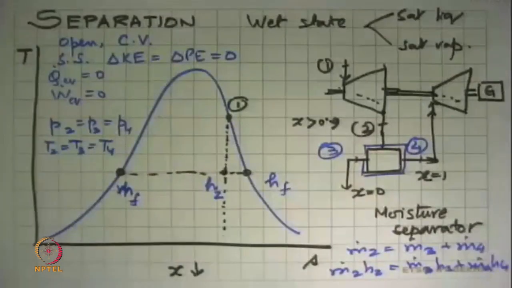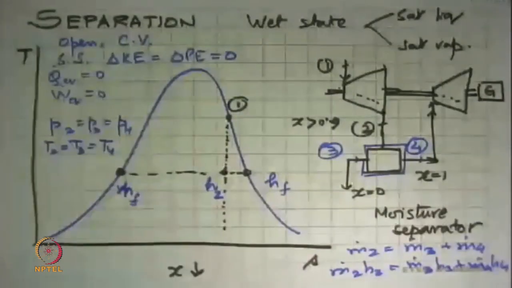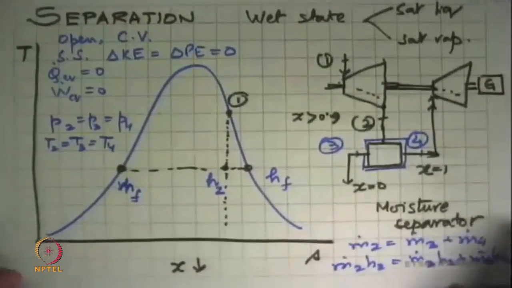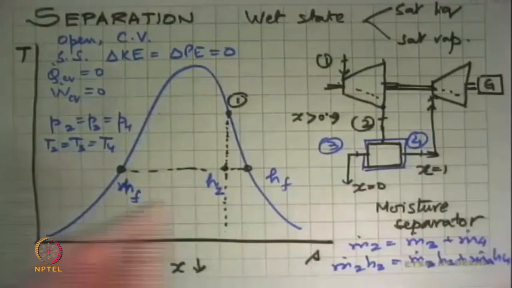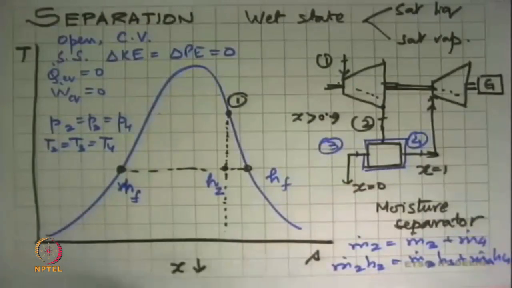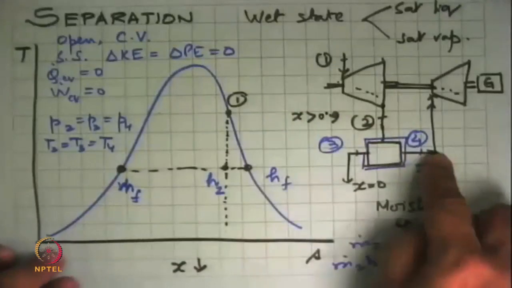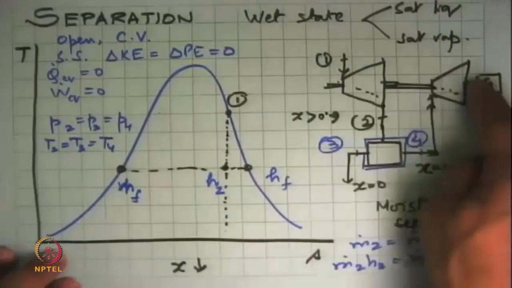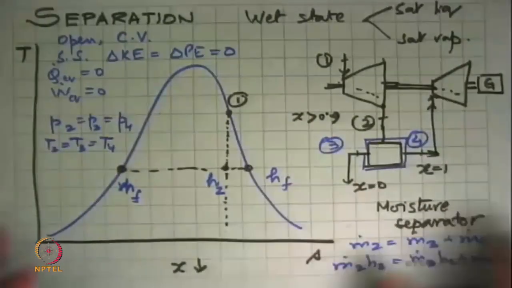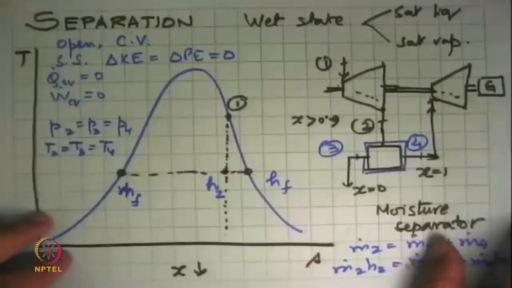So that's the idea of a separator, and what we have done here is just put it through a passive device without putting any work or heat or anything else in it, and by inertia or by gravity we separated the liquid out from the vapor, and we get dry vapor coming out here, which we can then start using again over there. So that's the idea of separation.